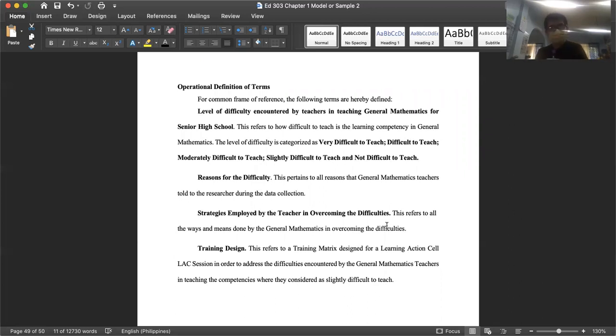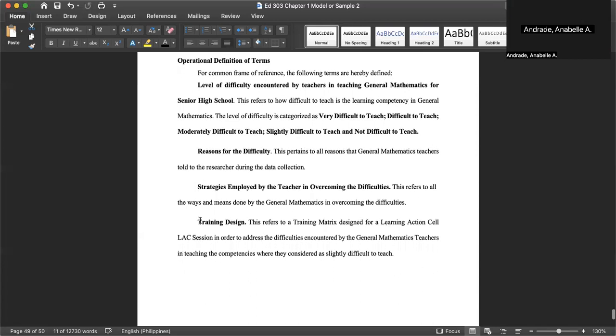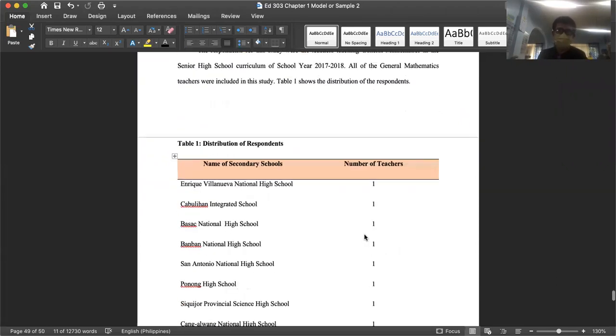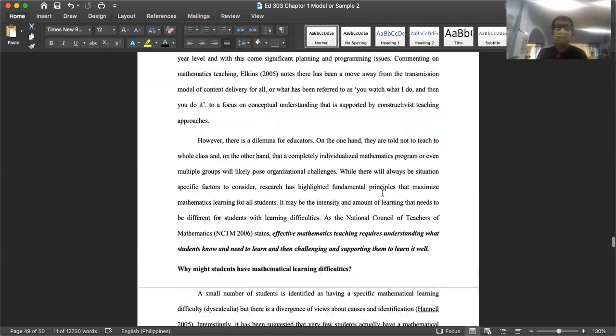Did you get me? Then the training design, because that is actually the main target, to come up with a training design. So this refers to blah, blah, blah. So you can copy that definition, but you are going to contextualize that one based on your operational definition of terms. So is that clear to everyone?